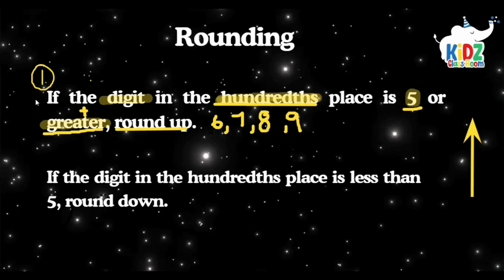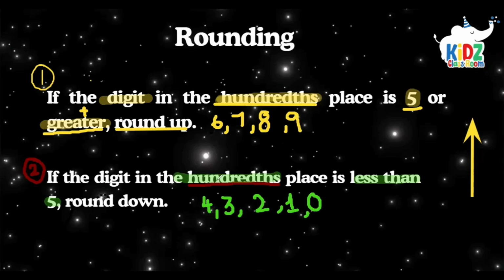Let's talk about the second rule. The second rule says that if the digit in the hundreds place is less than 5, not greater than 5, meaning 4, 3, 2, 1, or 0, what will we do?